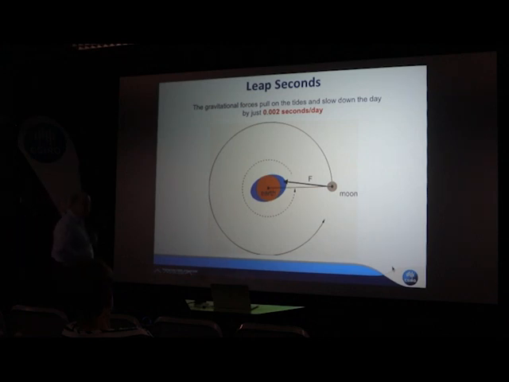But that has the converse effect of slowing the Earth by 0.002 seconds a day. That is 2 milliseconds a day. So every day is 2 milliseconds slower than the previous day. Okay? Can you follow?